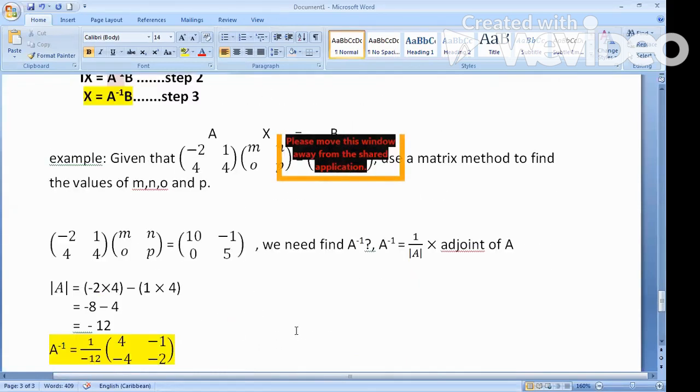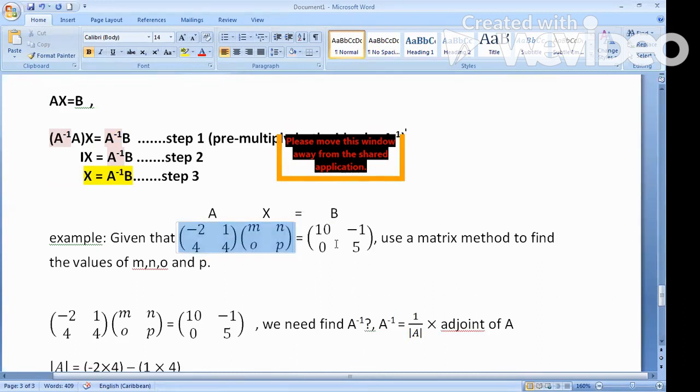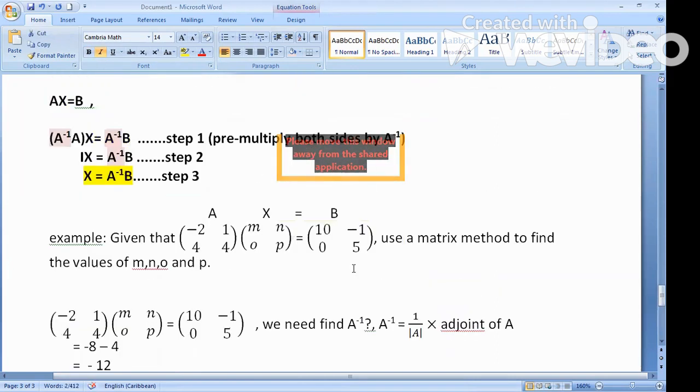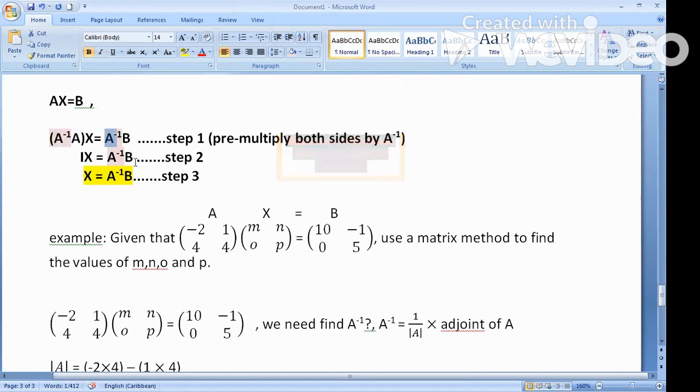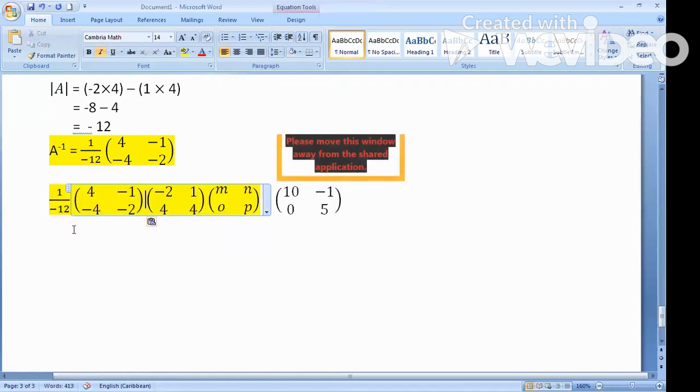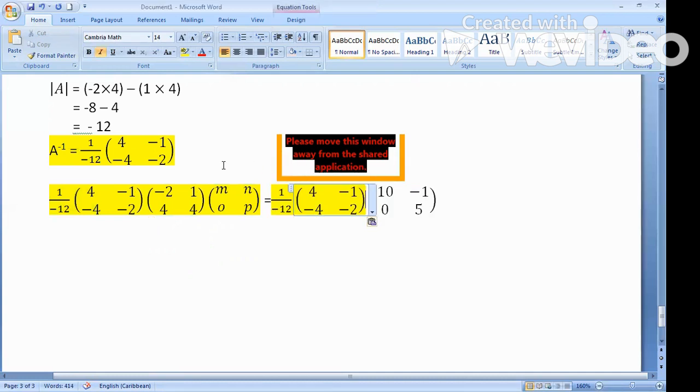So what we're going to do now is go back to this, and drop in A inverse on the left side, and also A inverse on the left side. So this becomes this. You see that? So all of this is A inverse, and then another A inverse.